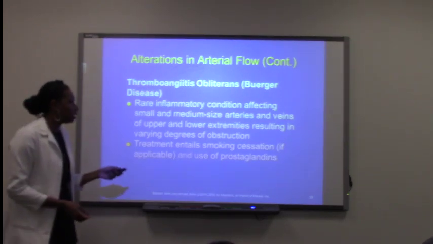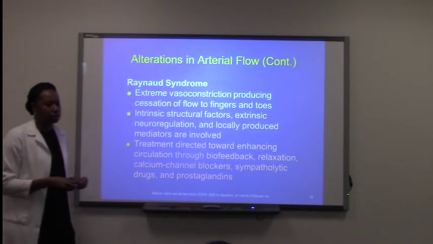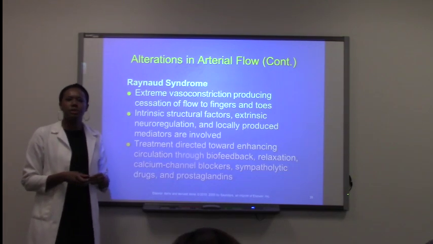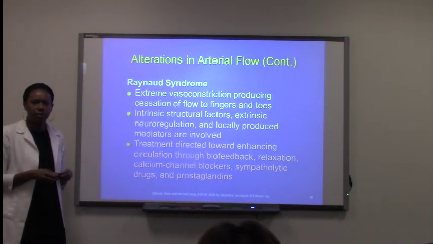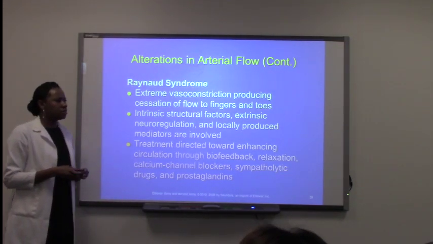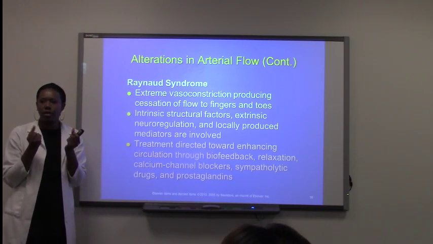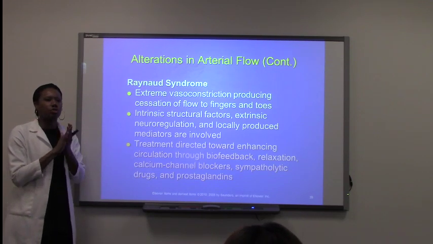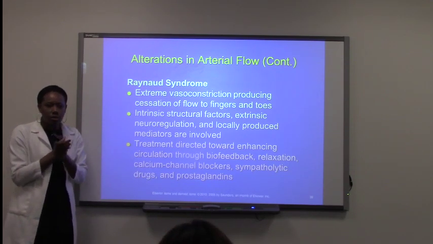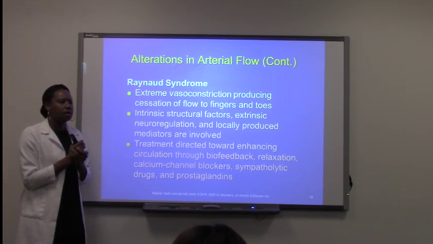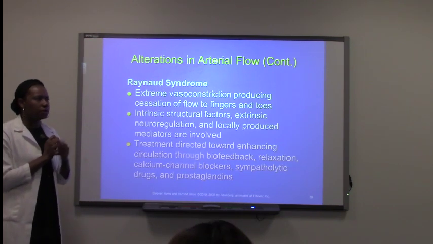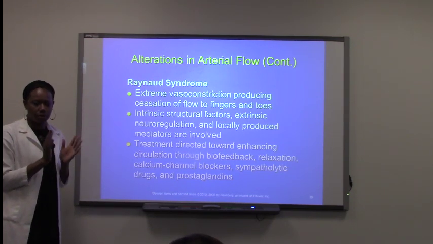Okay, now the next one is Raynaud syndrome. Raynaud syndrome is actually quite common. I don't know if you've heard of people having this issue where they have very cold fingers, very cold feet. The extremities are extremely cold, and no matter what they do to try to warm them up, it just doesn't help, no matter what temperature they're in.